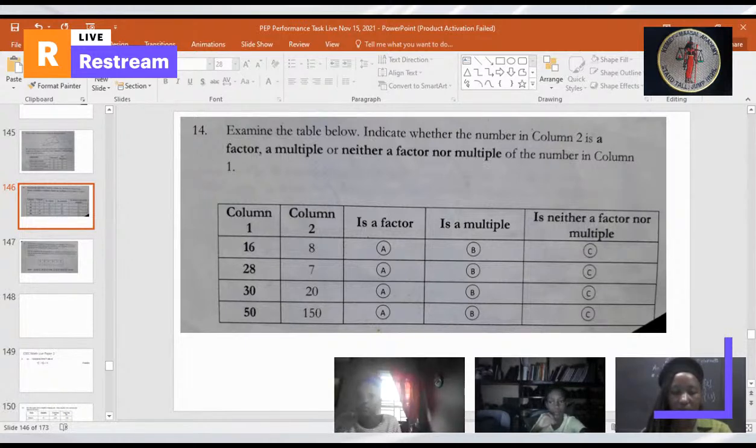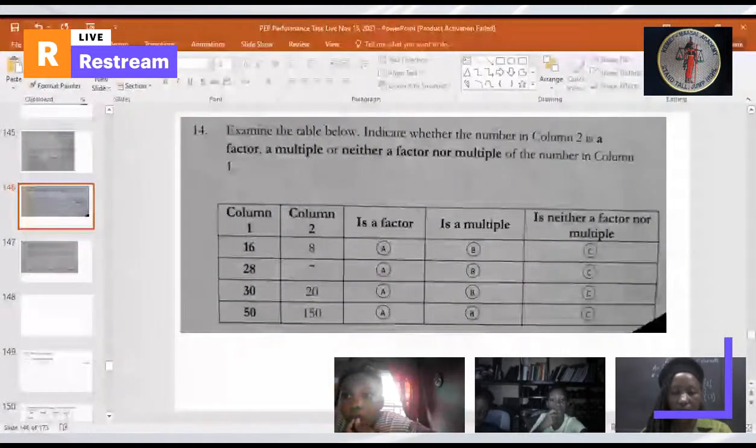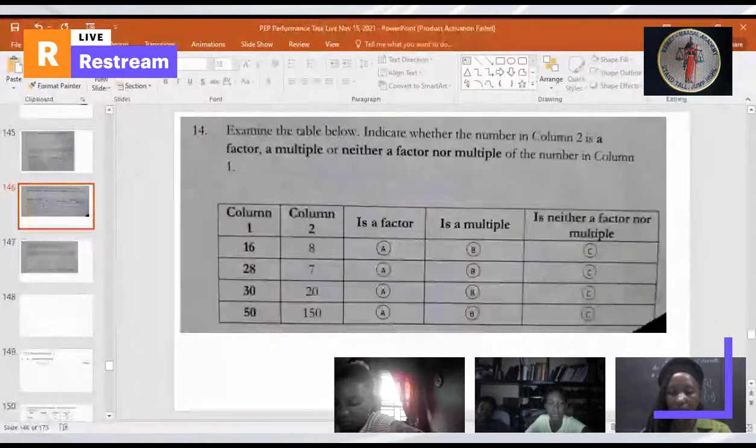Column 2: 8, 7, 20, 150. No, you don't have to read those. Just read the top part. Read the question itself again.